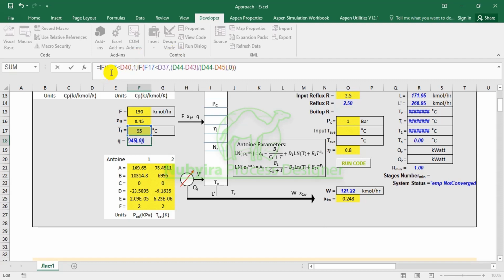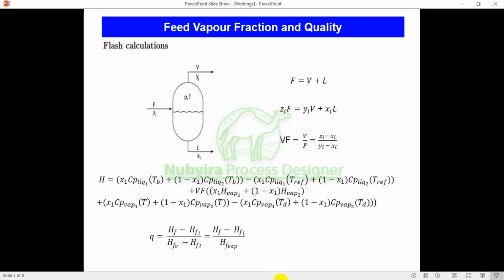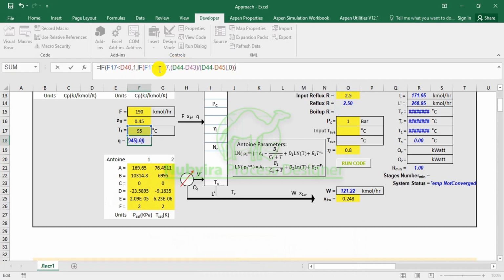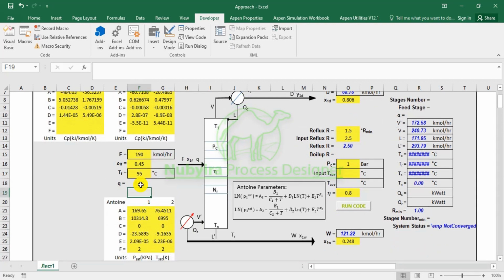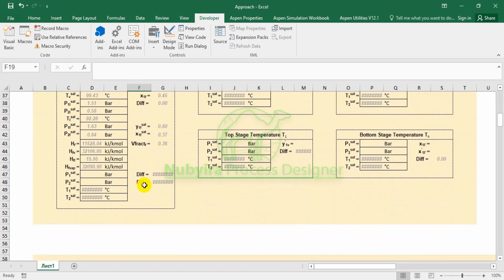The case is like if the temperature is lower than the dew point temperature, the quality will always be one. If the temperature is only within the range of the dew point temperature and the bubbling point temperature, then that's when this equation is going to be used. If it is greater than the dew point temperature, it's going to be 0. So that's the meaning of the if statement. You can see we now have a new feed quality. Then it takes us to this section.